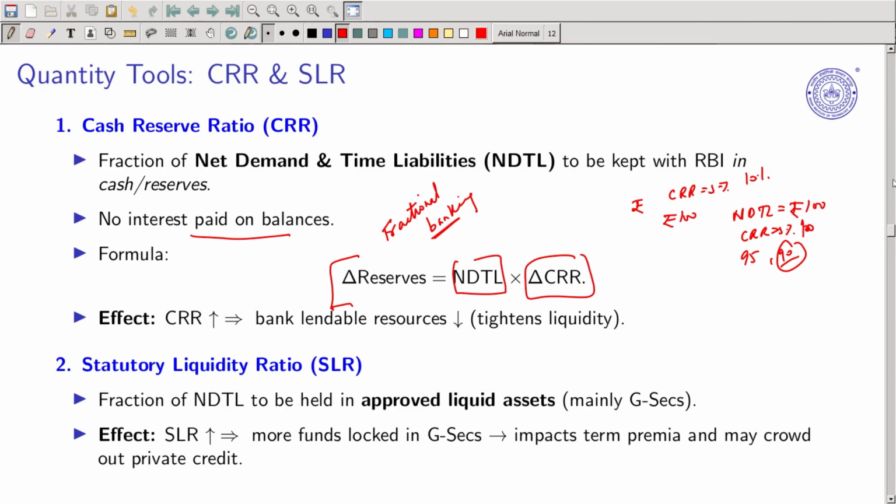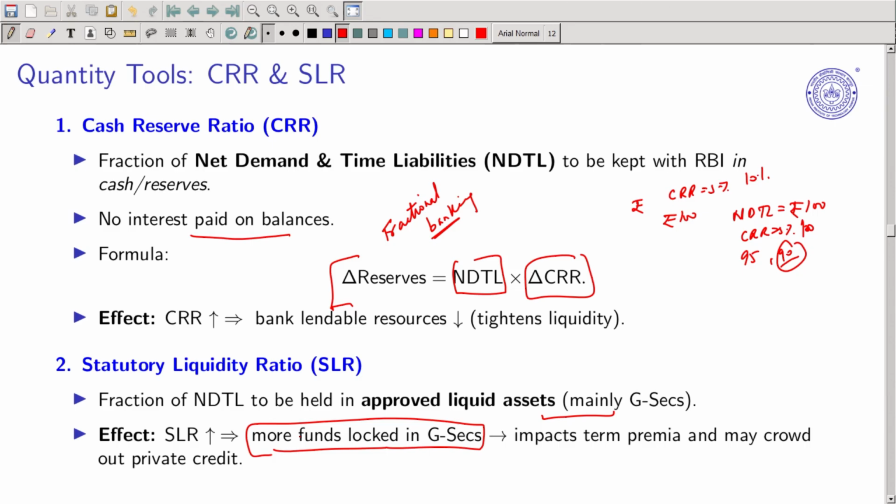Then the second instrument is the statutory liquidity ratio, which is the fraction of NDTL to be held in approved liquid assets, mainly G-Secs that we have here. The effect is that as the SLR goes up, more funds are locked in G-Secs or any valuable asset.